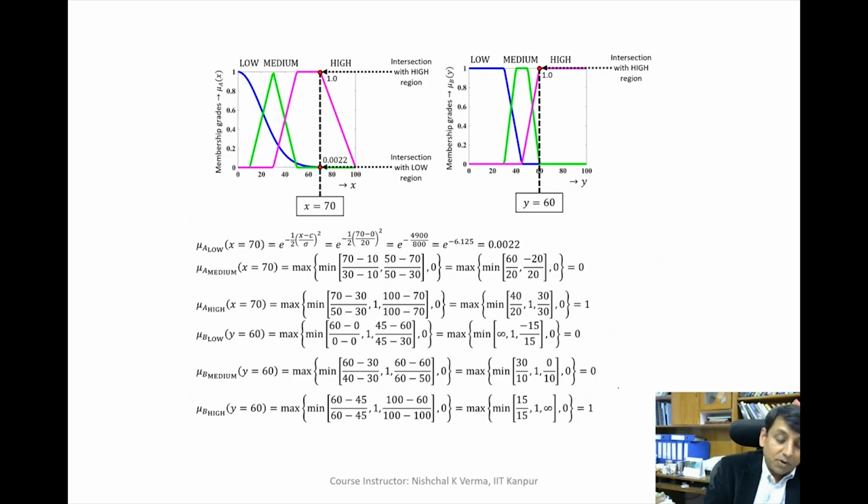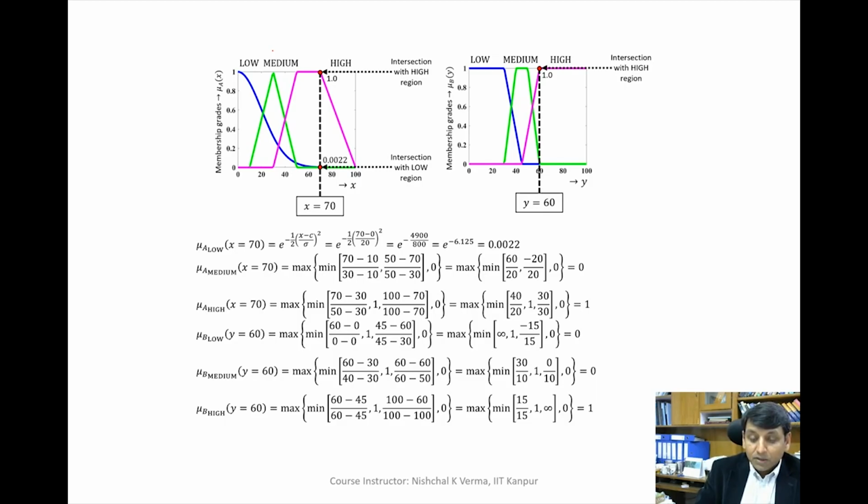First of all, we plot all these membership functions, and these membership functions basically designate the fuzzy sets low, medium, high, and similarly for the output as well.